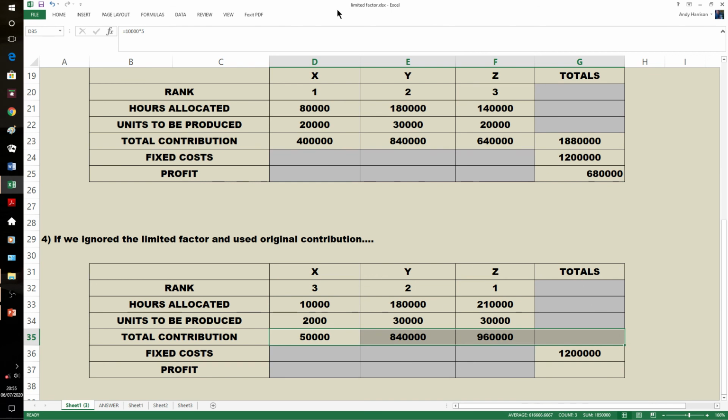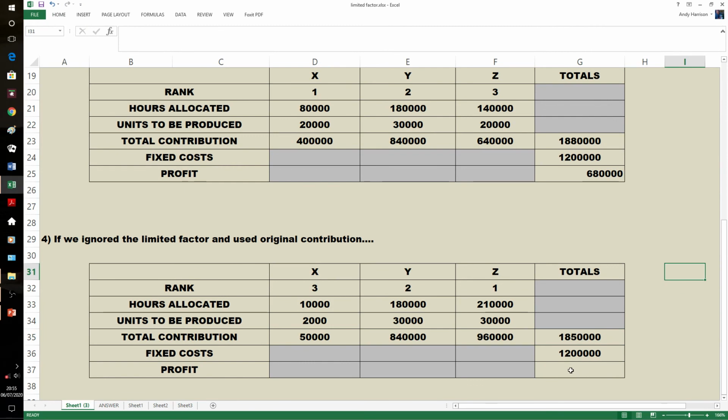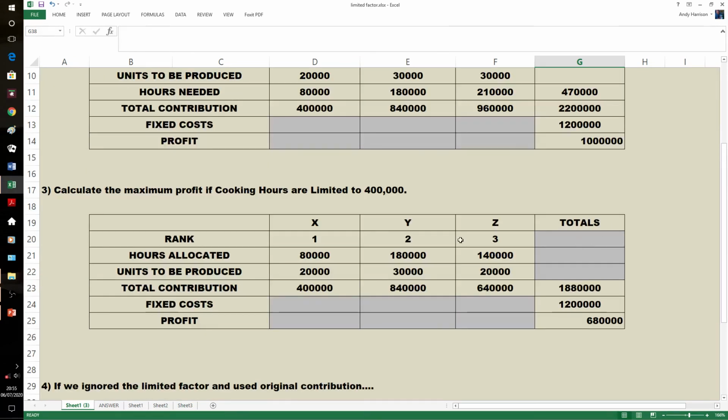It will come to the same answer. So that's obviously going to be less. Let's have a look at how much less it is. Only 650,000. So if we didn't do the analysis properly, it would have cost us £30,000. That's the best we can do with our limited factor.